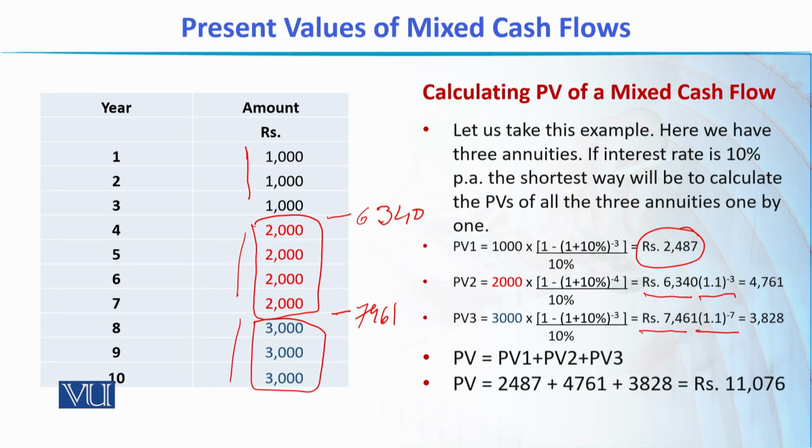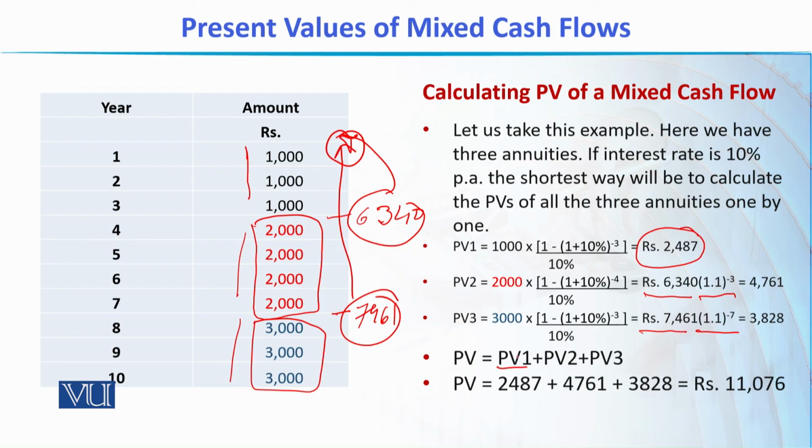यानी हमें 3 मरतबा एनिटीज़ का फॉर्मूला लगा के पहले उनकी प्रेजेंट वैल्यूज़ निकालनी हैं, and then the second and the third annuities' present values will further be discounted, and these values will be taken to the point where we want to get the total present value of all the annuities. Have a look at this.